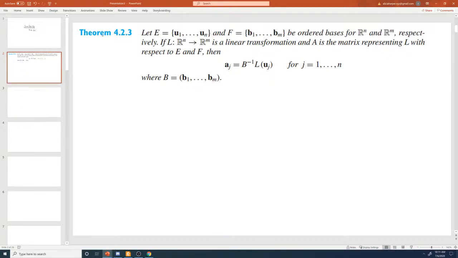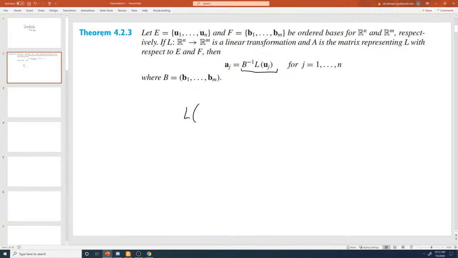We can figure out what this matrix should be by doing this computation. And here B is the matrix built from the basis vectors of Rm, represented with respect to the standard basis.